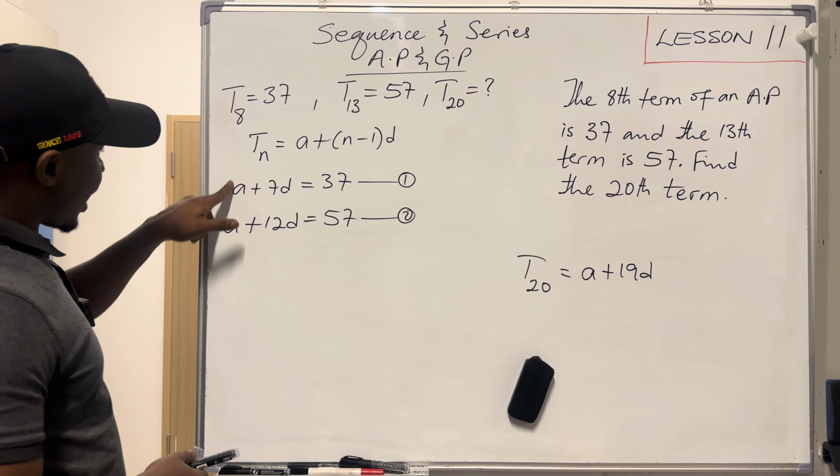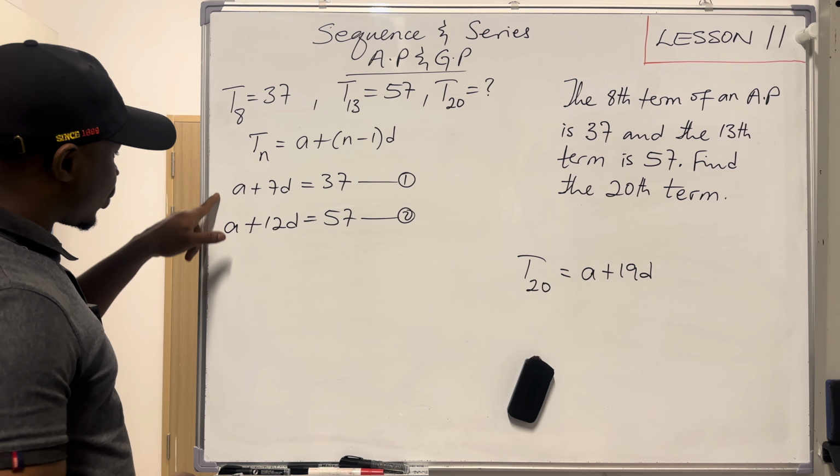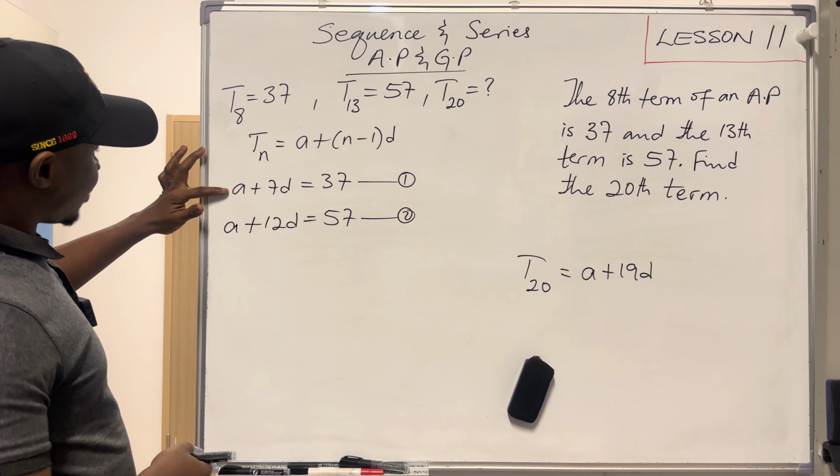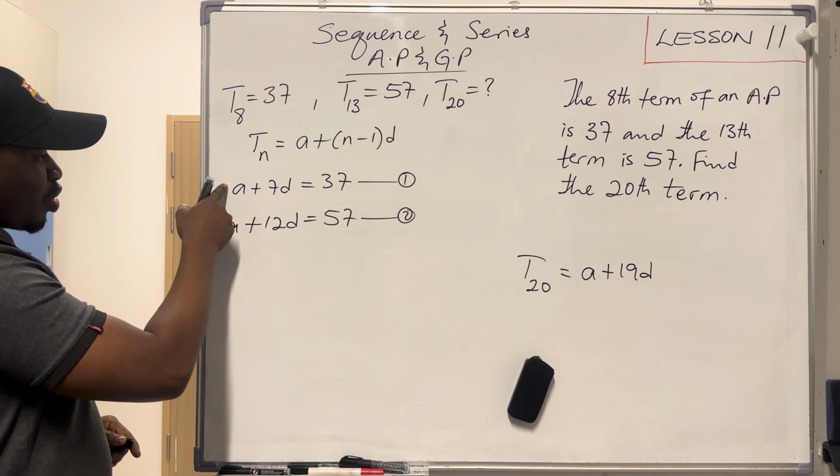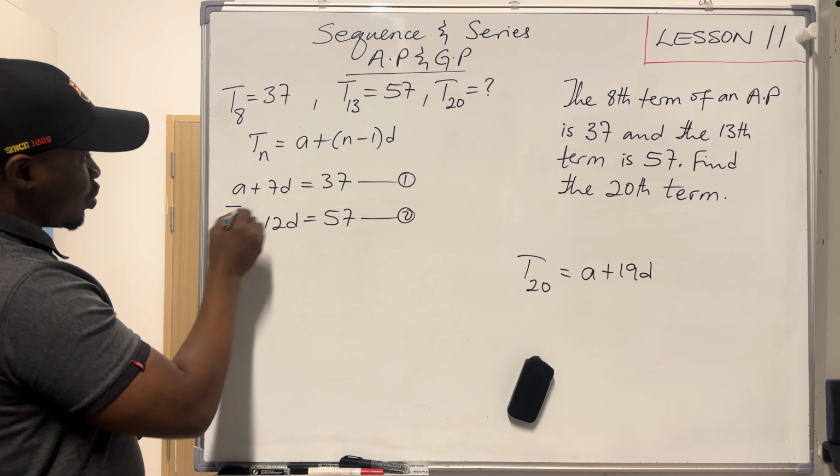Now, a here is 1 and a here is 1, and both are positive. So what do we do? Because of the same sign, plus plus, we can subtract these two. If the signs were different, we would add. But because they are the same, we subtract.